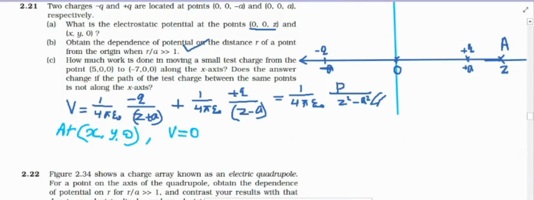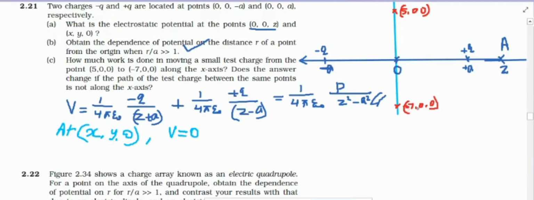Then next, part C. How much work is done in moving a small test charge from a point 500 to minus 700? A test charge is moved from a point 500, which means on the x-axis, that is the initial point, to minus 700, on the negative x-axis.